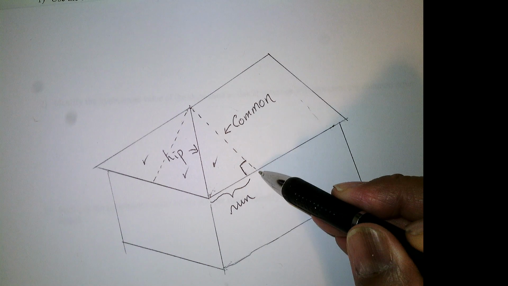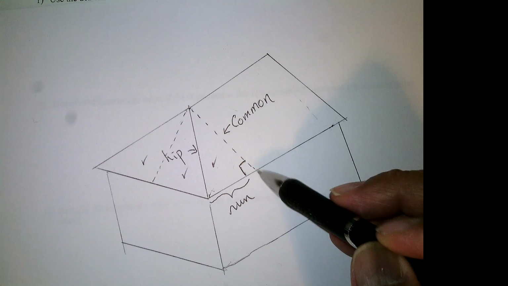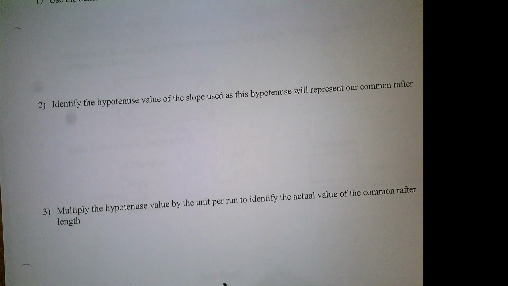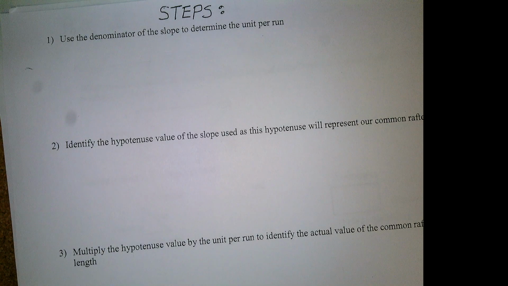It includes the overhang, so it's the whole line. The process of preparation is exactly identical.